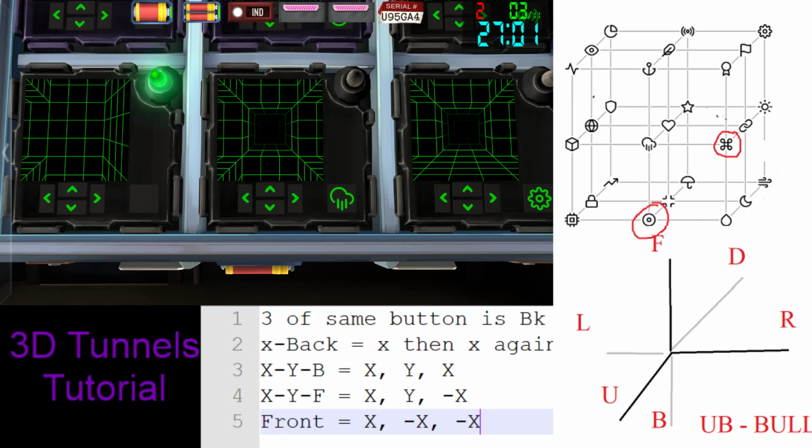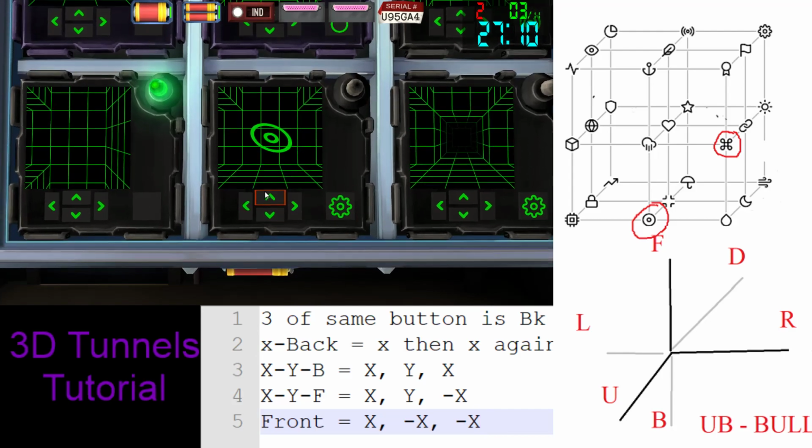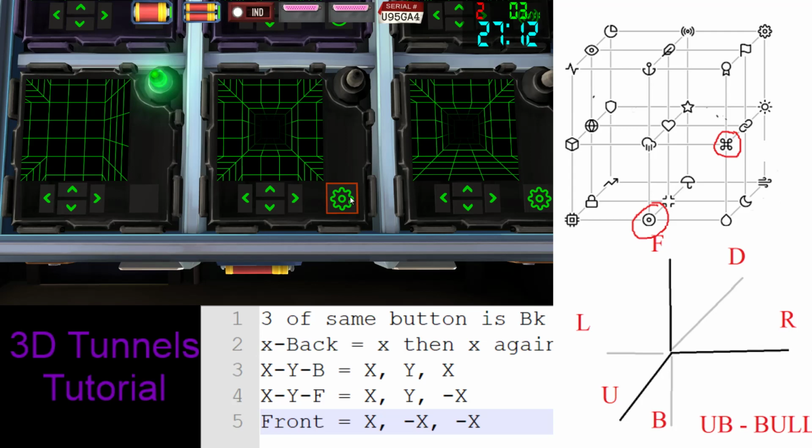Okay, so I've got everything highlighted. Let's figure out where I need to go. I need cloud. Cloud is here, which is up. That's kind of boring. Now I need gear. Gear is, ooh, this back corner. This will be good. This back corner is front, down, right.